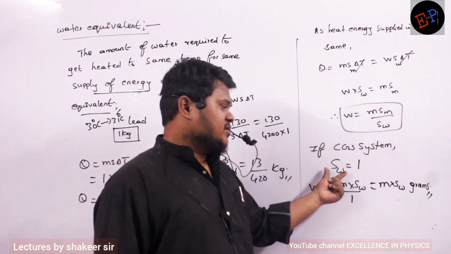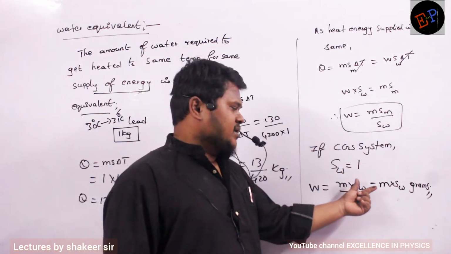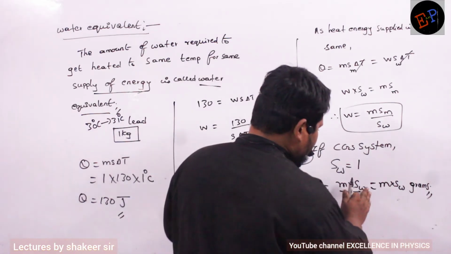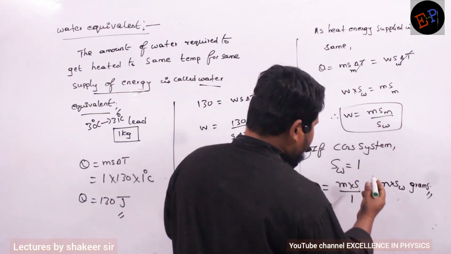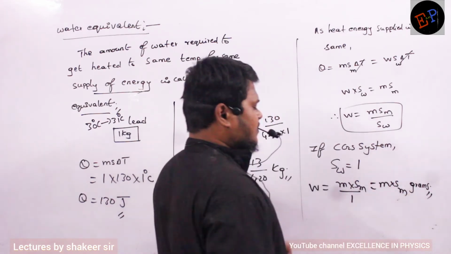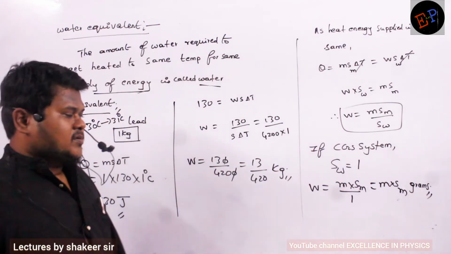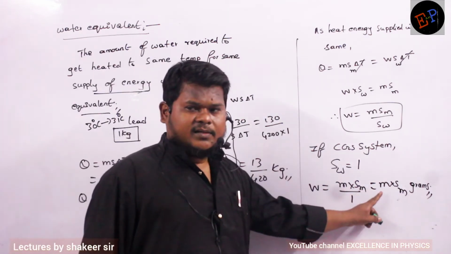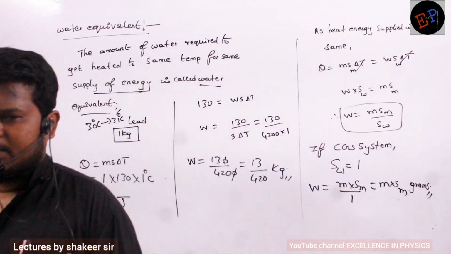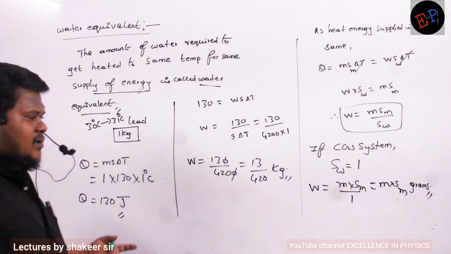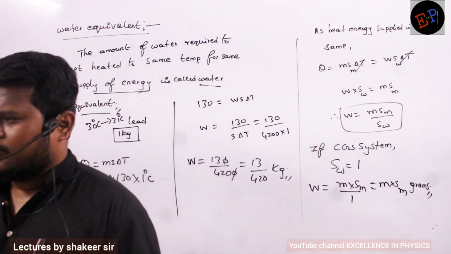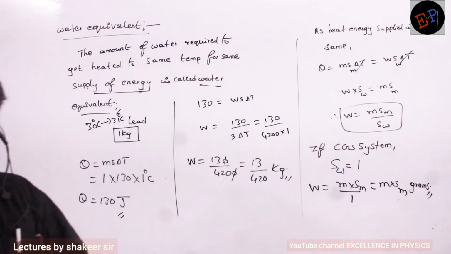In the CGS system, what is the specific heat of water? 1. Here M means the mass of that particular material, and S M is the specific heat of that particular material. It means instead of that material, I want to express it in terms of water. That is called water equivalent. Understood?